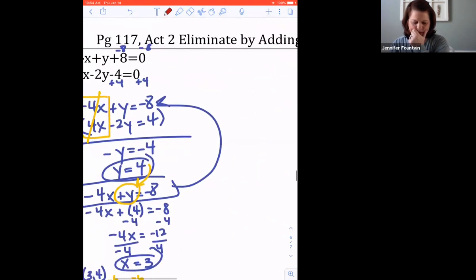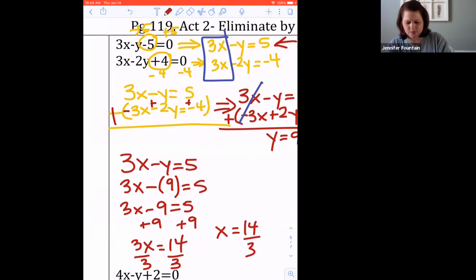Where did these problems come from? Because these are not the same problems. I must have typed the wrong problem. Where did those even come from?